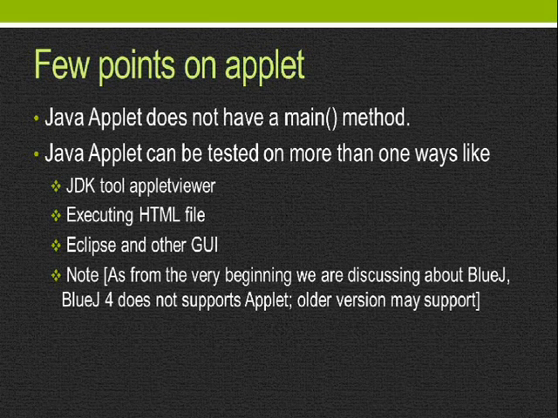Another note: from the very beginning we have been discussing BlueJ. BlueJ 4 does not support applets. An older version may, so it doesn't matter. We will do applets using some other tools.